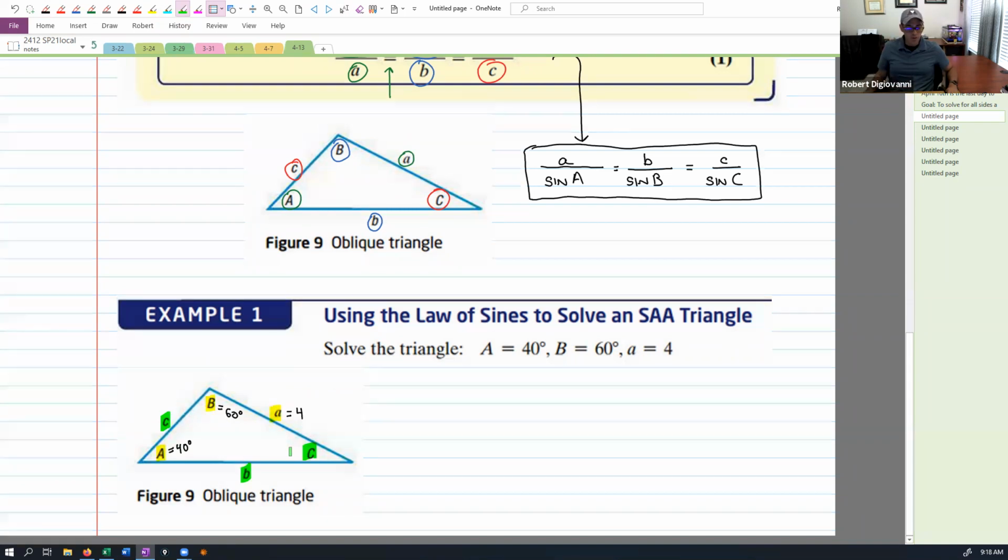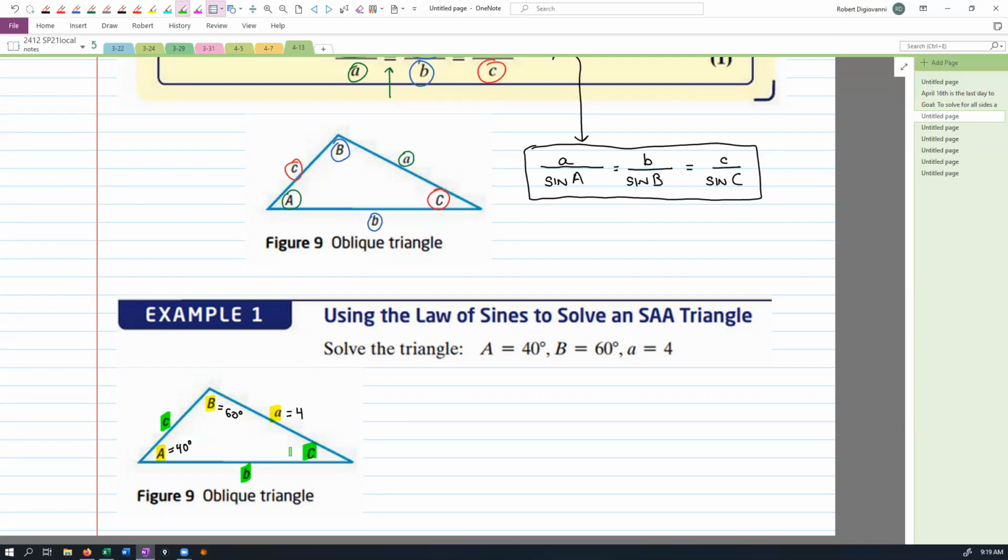So who wants to start? Is there anything that we know just right off the bat we can just tell without doing any work, really? We can tell C, right? Capital C, the angle. What can you tell about capital C? We have sine A and little a. We do have sine A and little a, yes.